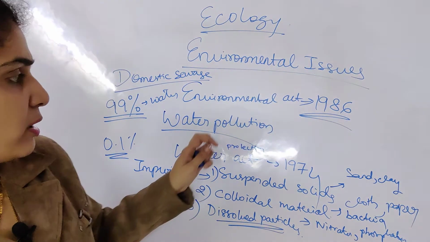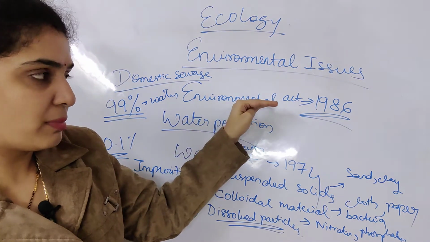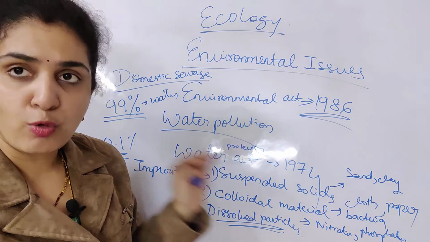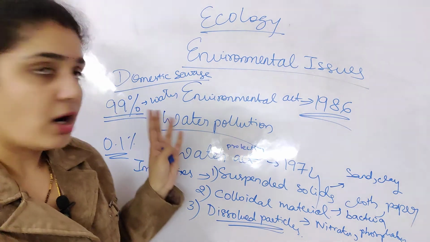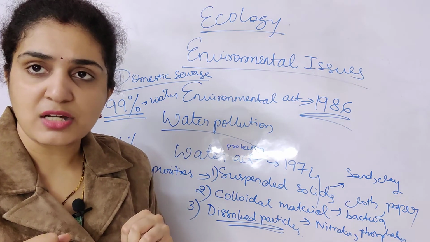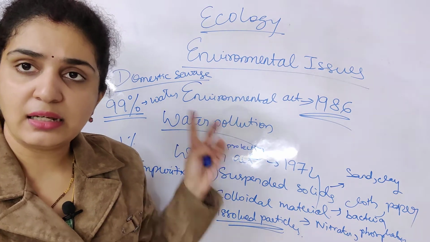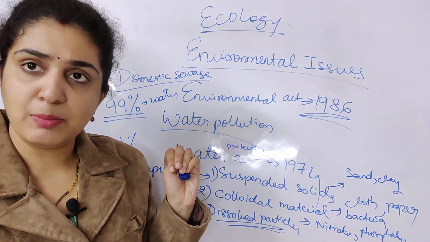The important thing that you should remember is, in water pollution, Environmental Act 1986, Water Act 1974; like that you can remember. Then domestic sewage contains 99.9% water, only 0.1% is impurities.